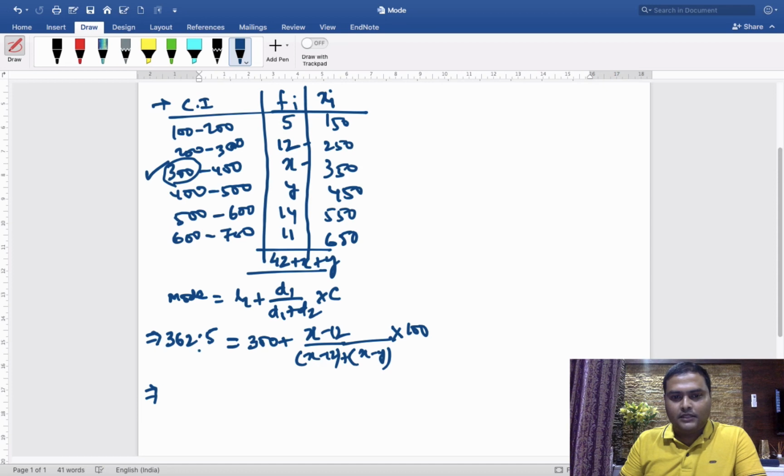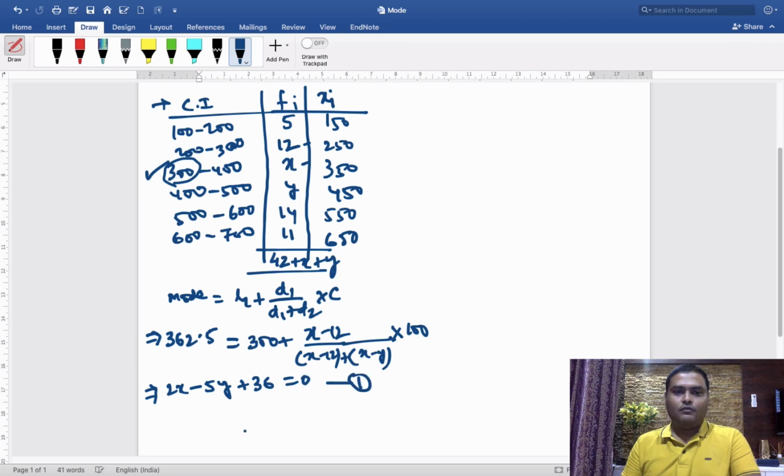I will multiply here, so you'll get 2x minus 5y plus 36 equals 0. This is one equation. Now similarly, applying the mean formula. What is the mean formula? Mean is equal to... let me calculate here.